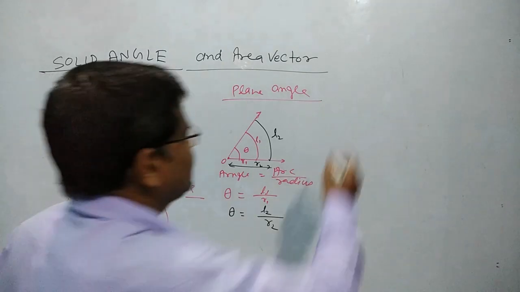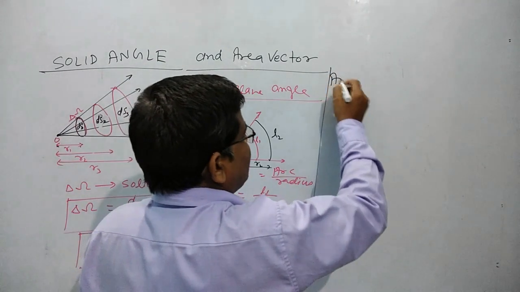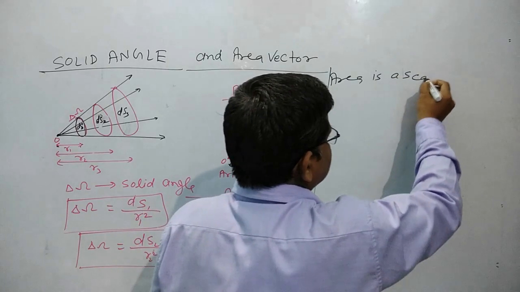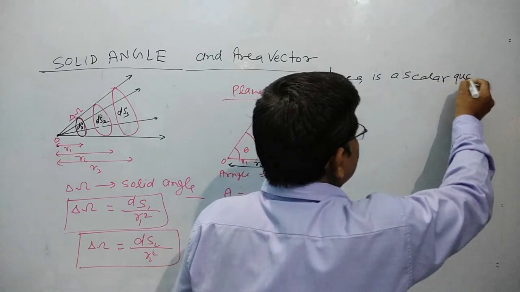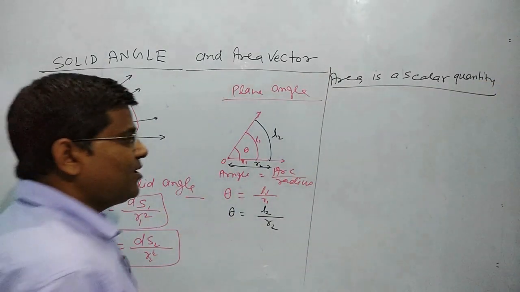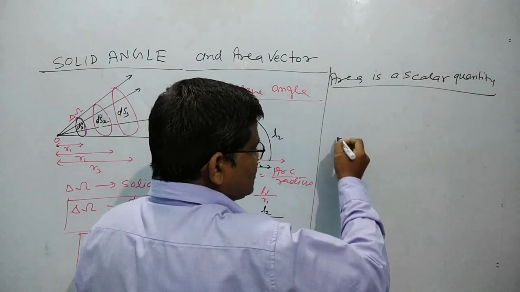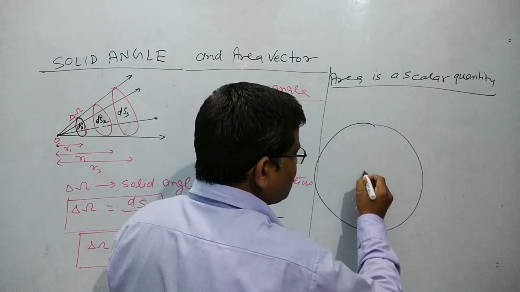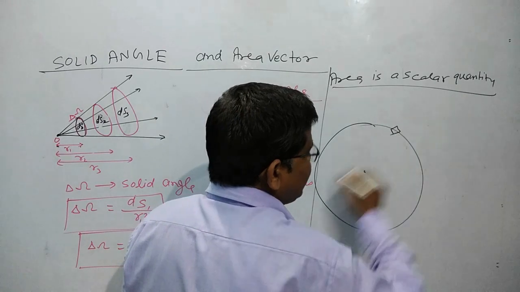One more thing is also here: area vector. Area is a scalar quantity, no doubt, no confusion about this. But suppose this is a sphere, and you draw a small area ds. Then it becomes a vector quantity.